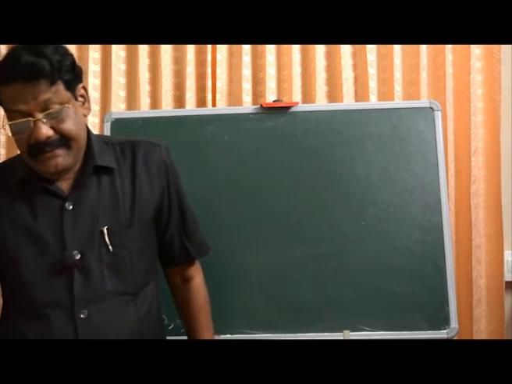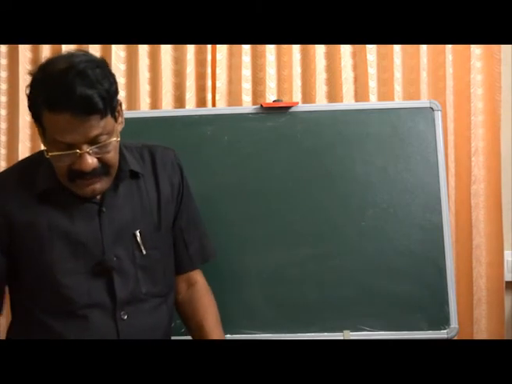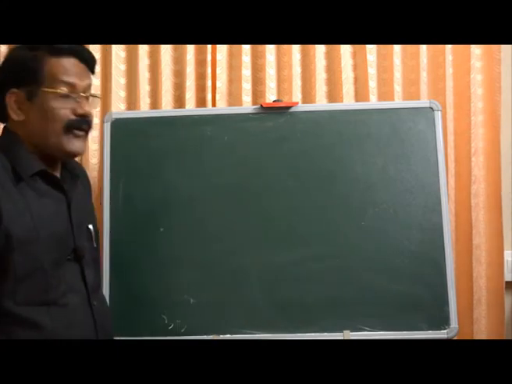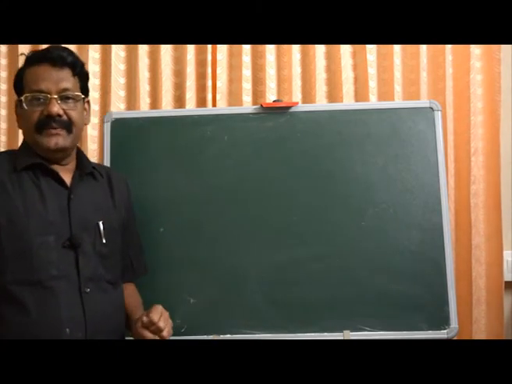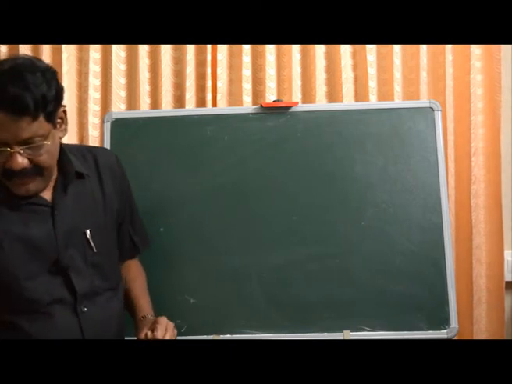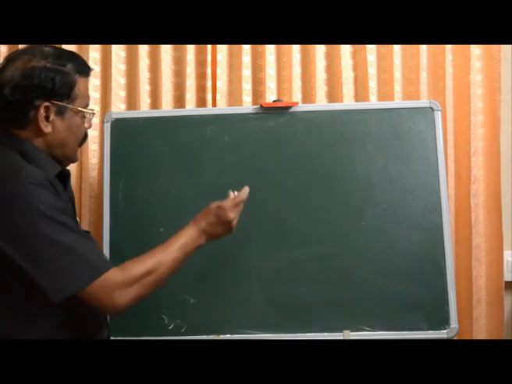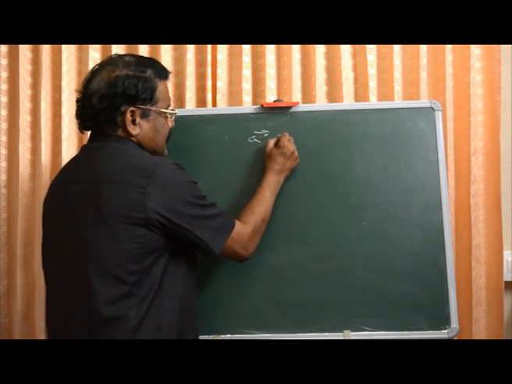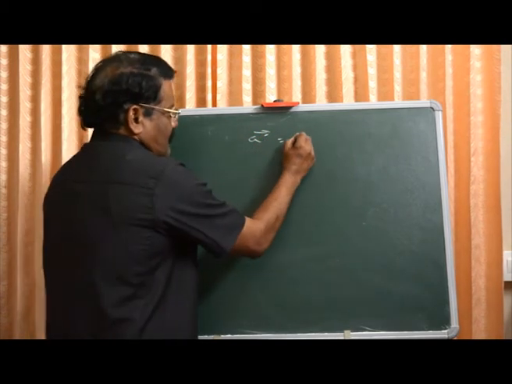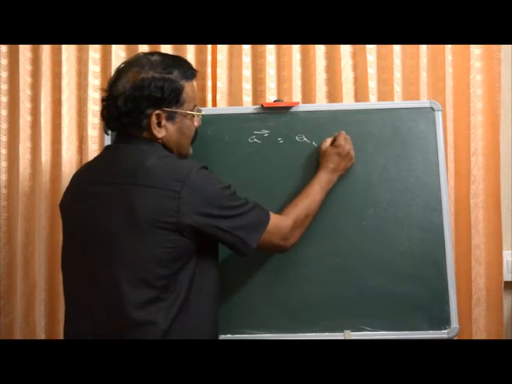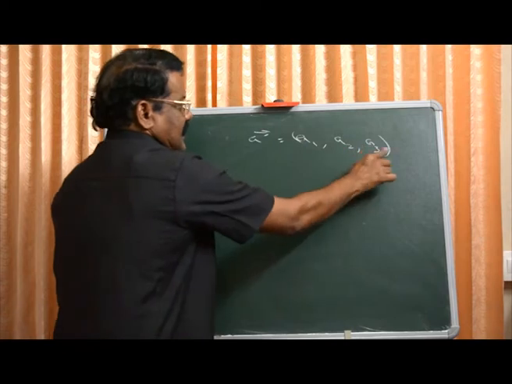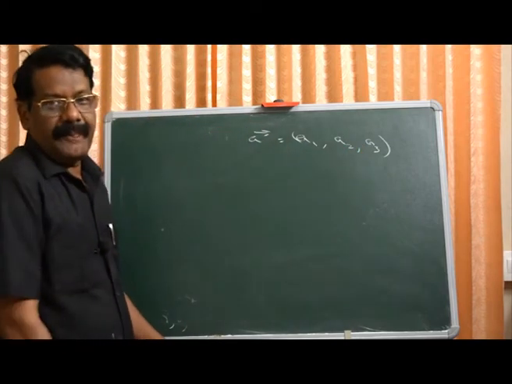Now let me quote a very simple application of the Kronecker delta in the realm of tensors. Consider a vector A which has 3 components, A1, A2, A3. These are the vector components.